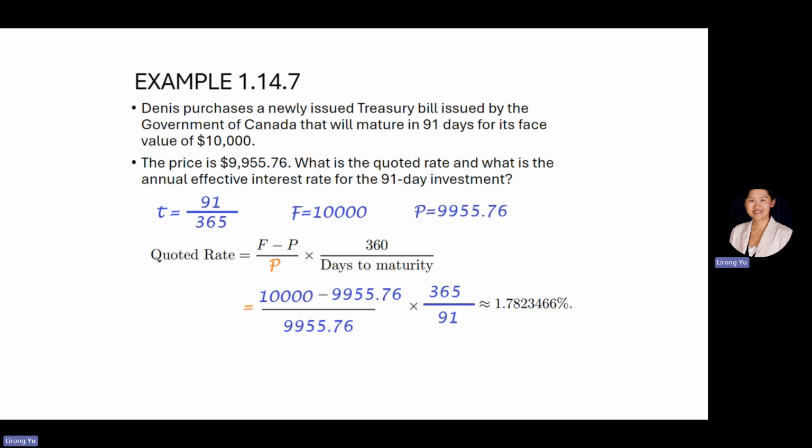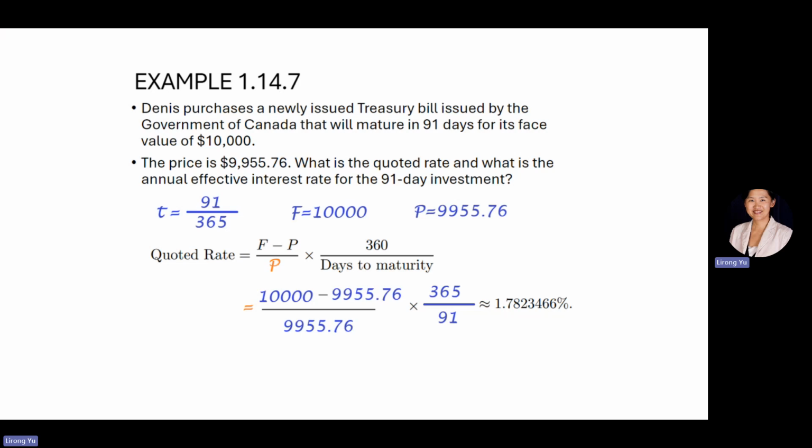Notice that I changed the P there, and then I should change that to 365, but I forgot to do it. But what I calculated actually used the number of days not as 360, it's actually 365 in the Canada example. So we're going to take F minus P divided by P, and then times 365 divided by 91, and then the whole calculation gives us 1.78 as the interest rate, which is much closer to the 1.79, right?